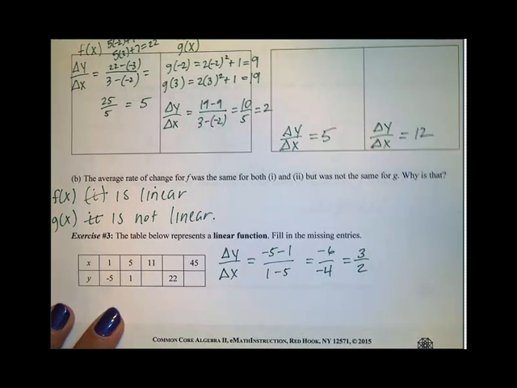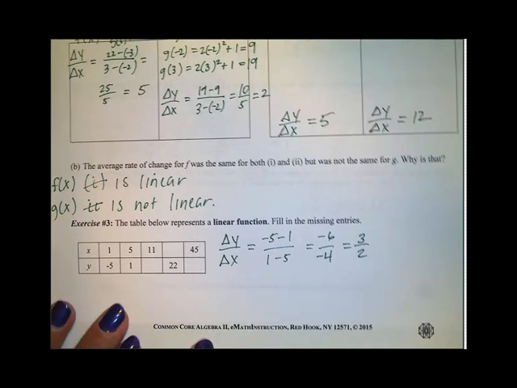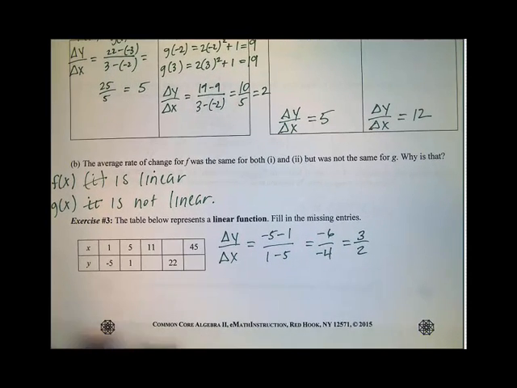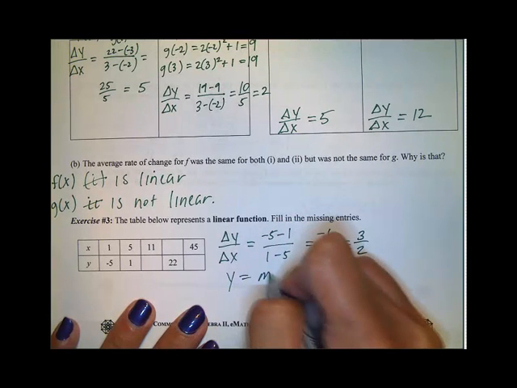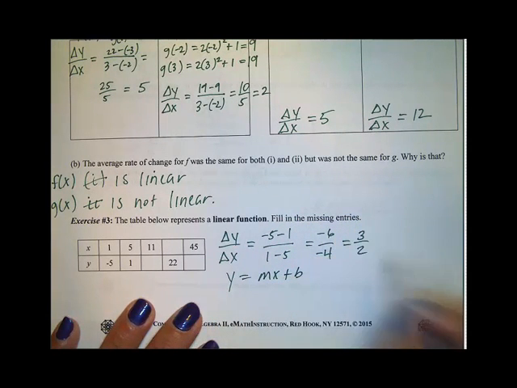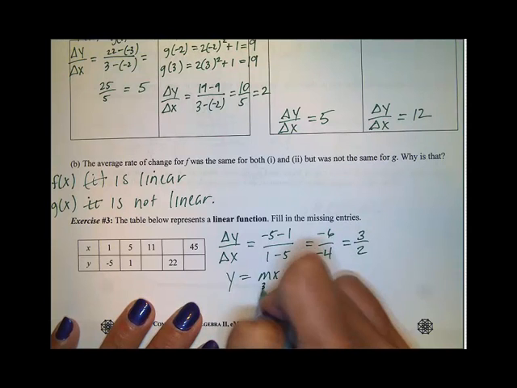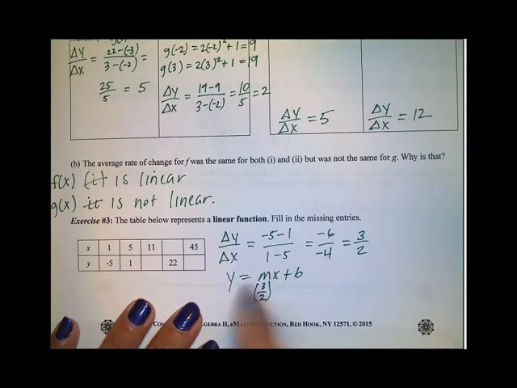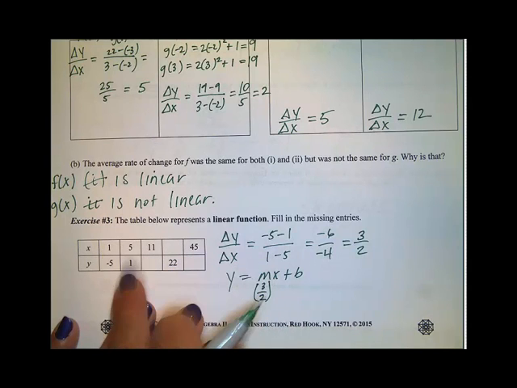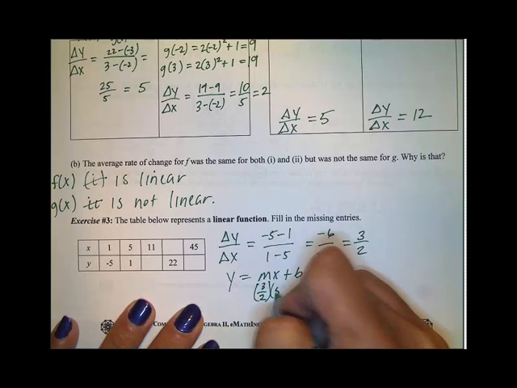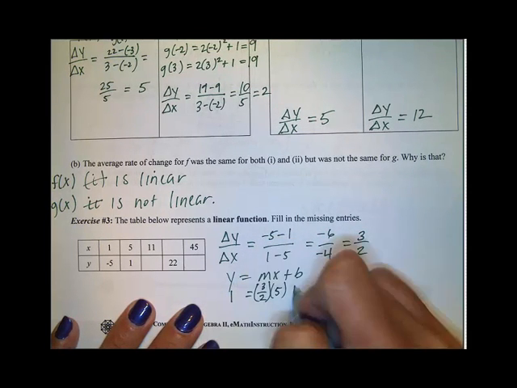I need to know what my y-intercept is. So my equation of a line, y equals mx plus b. I know what m is. It's 3 over 2. I know what x and y are, any point in this table. So I'm going to use the positives because I like positives better. So I'm going to use 5, 1. So x is 5, y is 1. I don't know what b is.